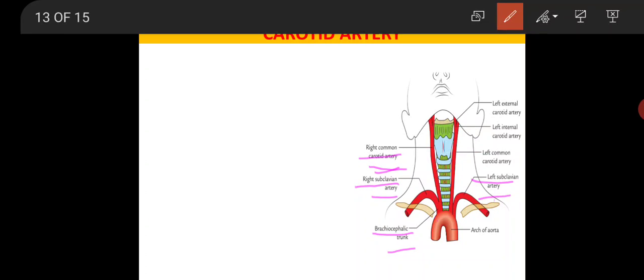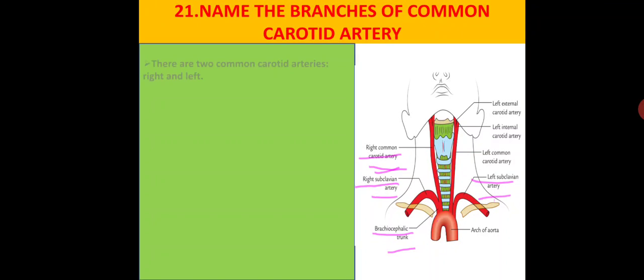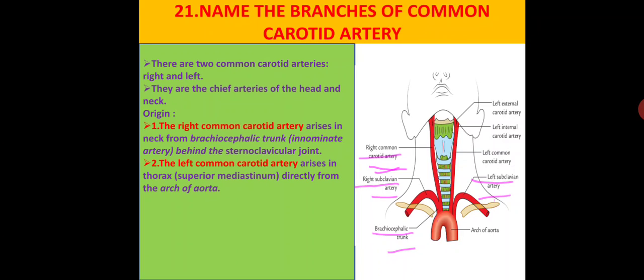And here the question is what are the branches of the common carotid artery? There are two common carotid arteries, right and left. The right common carotid artery arises from the brachiocephalic trunk at the sternoclavicular joint, whereas the left common carotid artery arises from the arch of aorta.